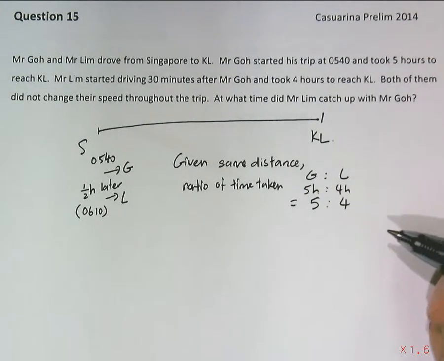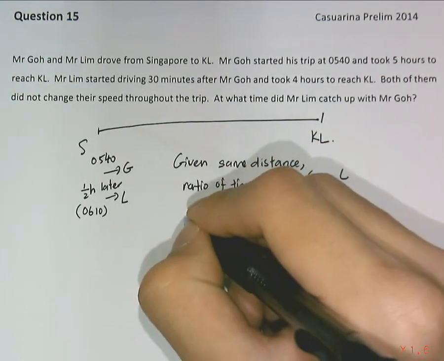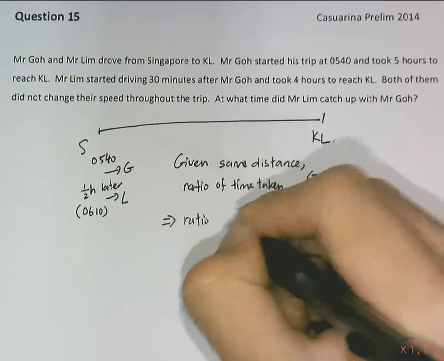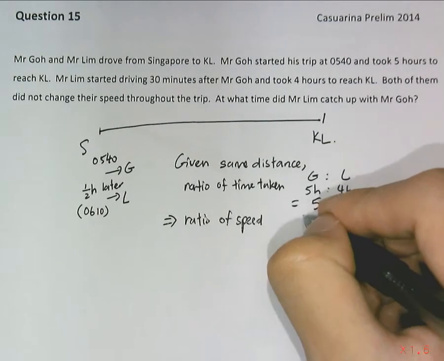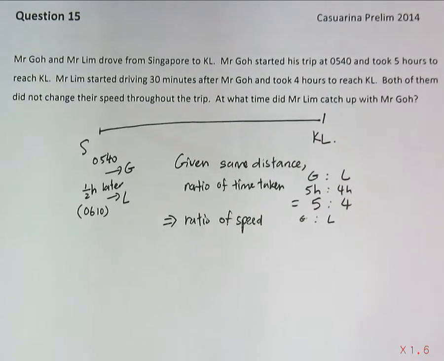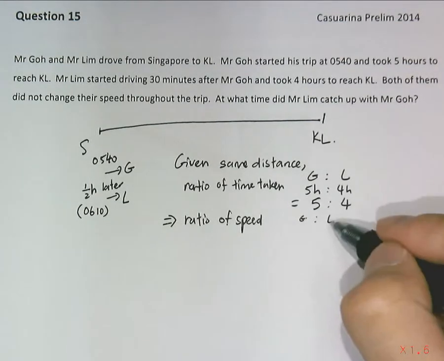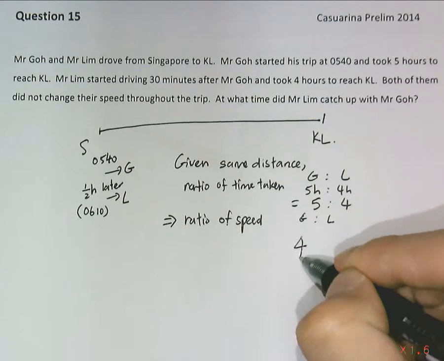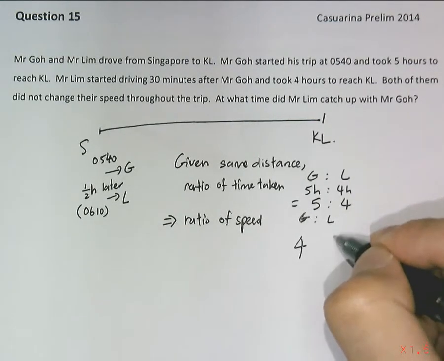So we can tell the ratio of the speed. So the ratio of speed for Mr. Goh to Mr. Lim, we will just simply swap over these two numbers. So 4 to Mr. Goh, then the 5 units to Mr. Lim.